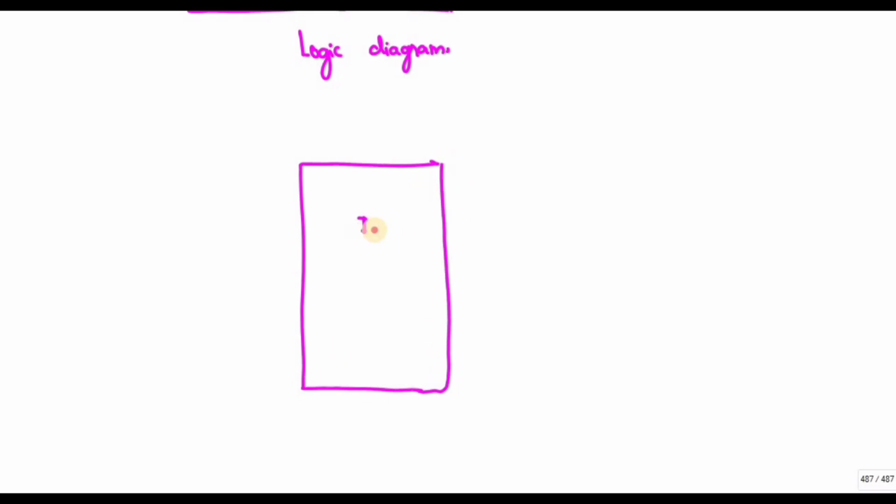The IC name is IC 7476. It is a 16 pin IC. So 1, 2, 3, 4, 5, 6, 7, 8, 9, 10, 11, 12, 13, 14, 15, 16.